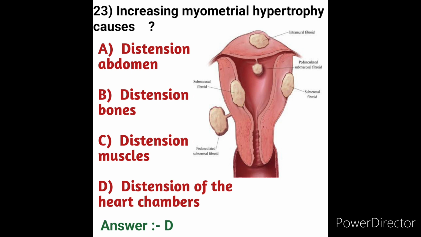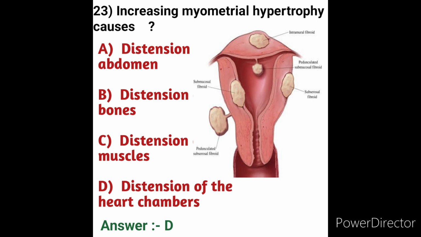In 8 in 10 women by the age of 30 to 50 we can see these cases of myometrial hypertrophy. Here option D is the correct answer. Distension of the heart chambers is a cause of increased myometrial hypertrophy.